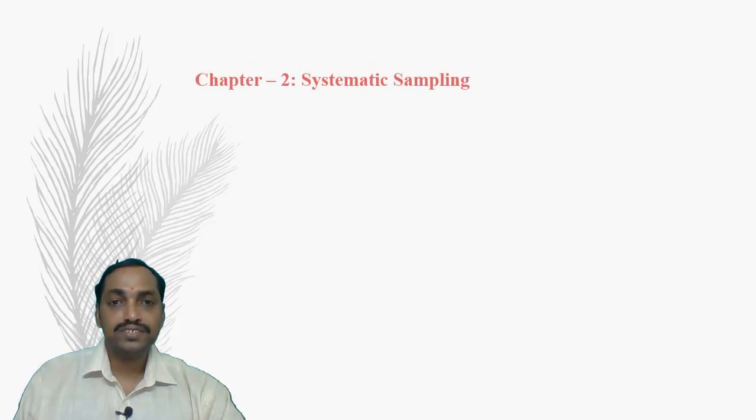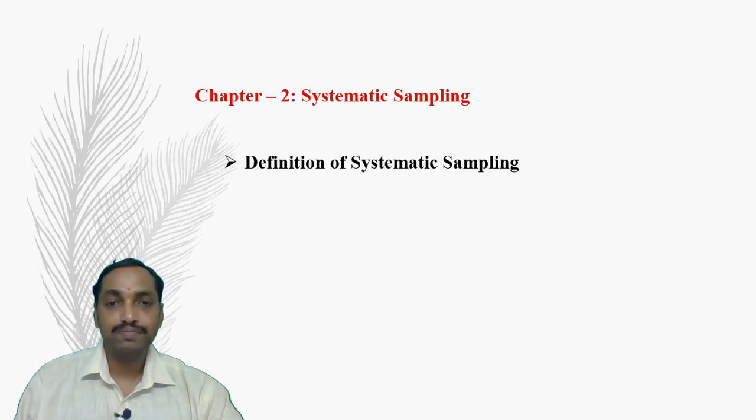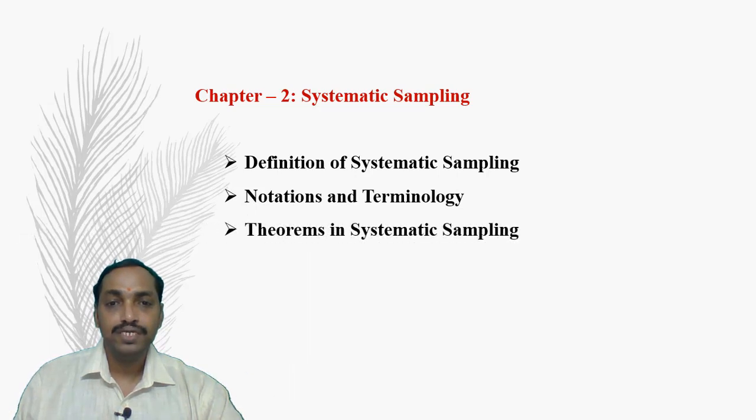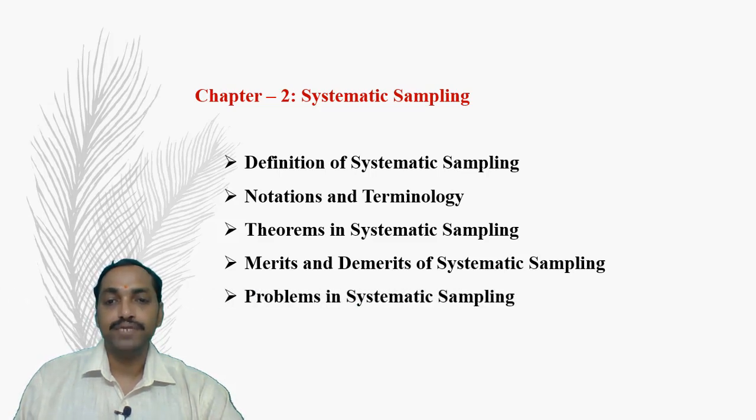Chapter 2 is systematic sampling. It consists of definition of systematic sampling, notations and terminology, theorems in systematic sampling, merits and demerits of systematic sampling, and problems in systematic sampling.